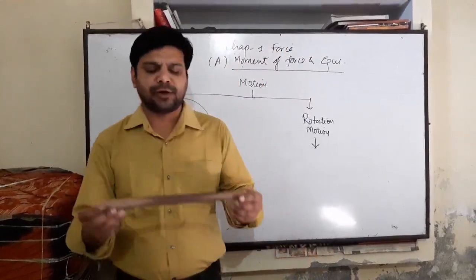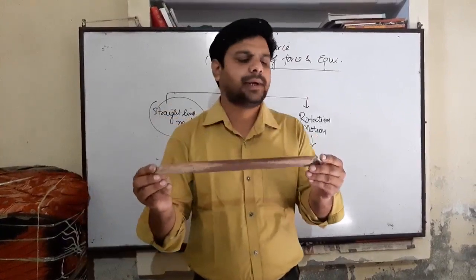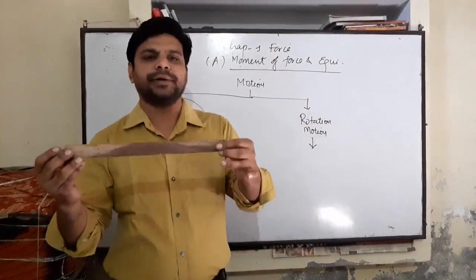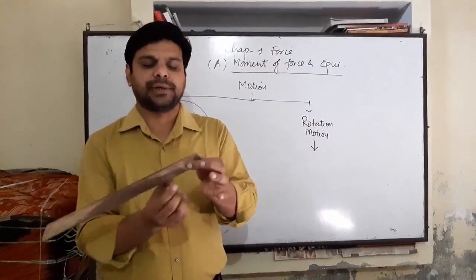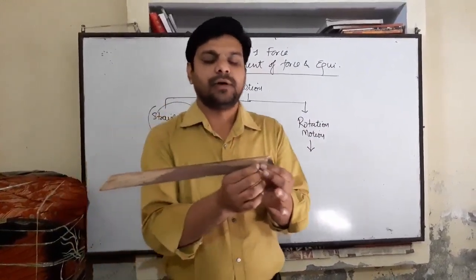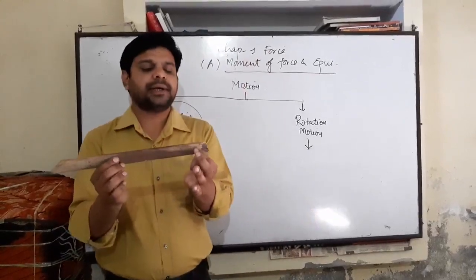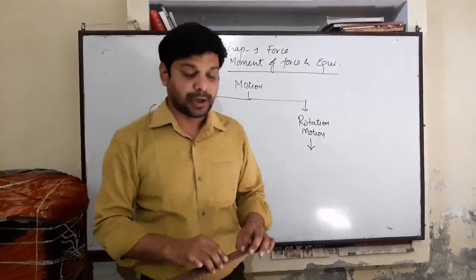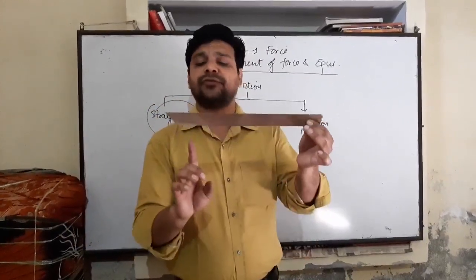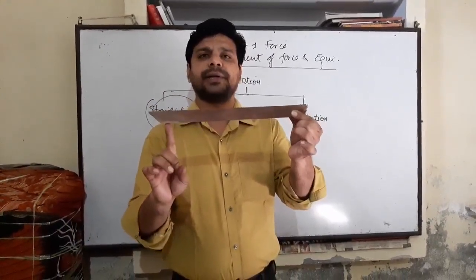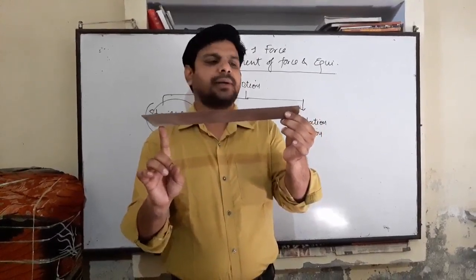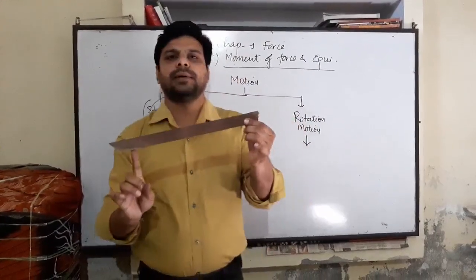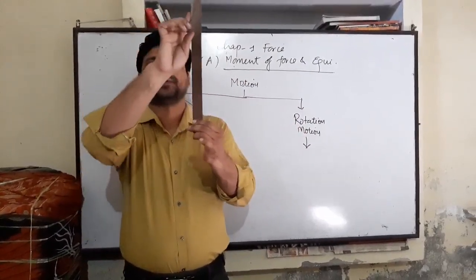Consider, this is an object, this is a rod, and from where I hold it, this is the pivoted point, you can say, axis of rotation. From which point the body is pivoted is called axis of rotation. Now, if we apply some force at this point in upward direction, you will see the body move like this. It is called rotation motion.